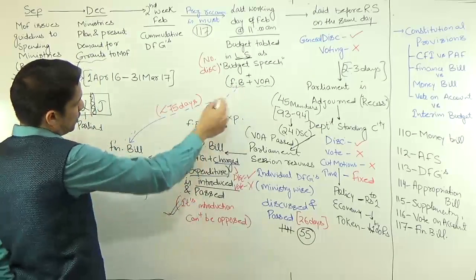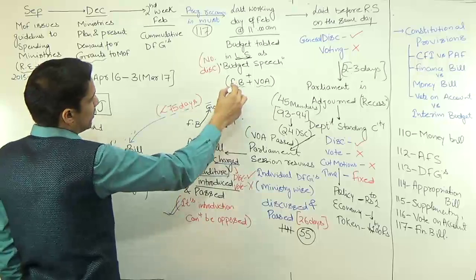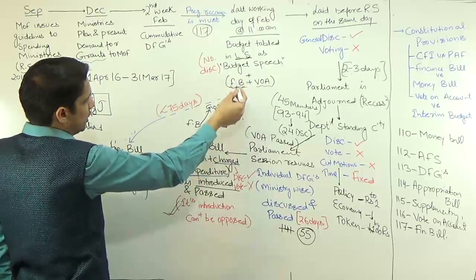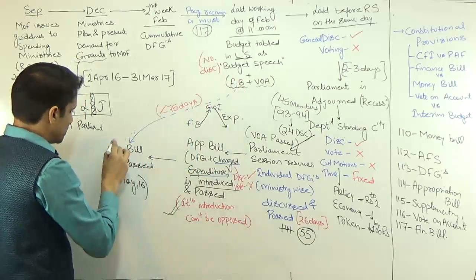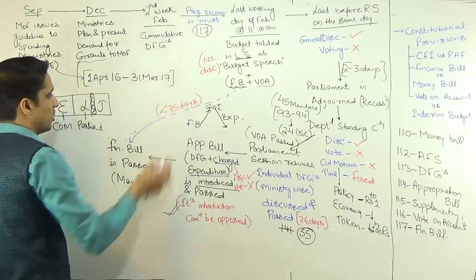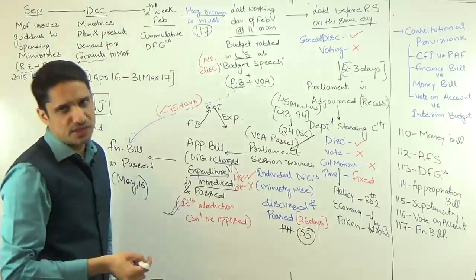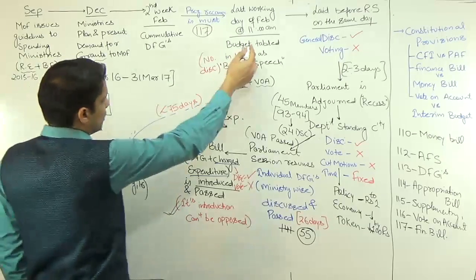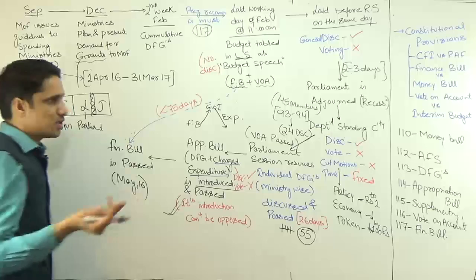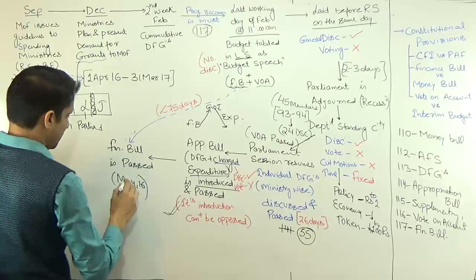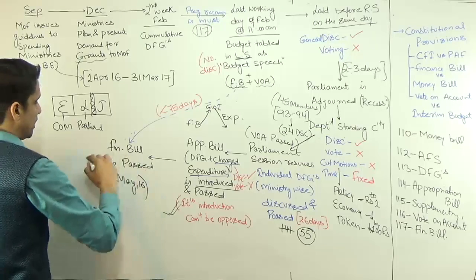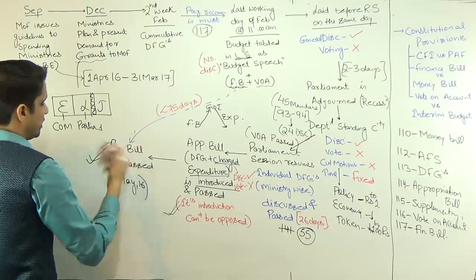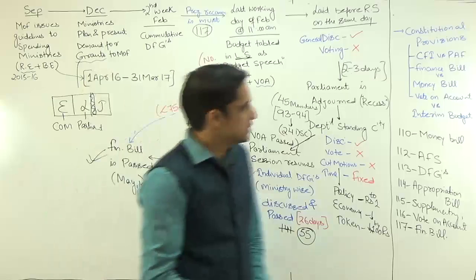There is one more condition: the time between the introduction of the finance bill and its final passage cannot be more than 75 days. Because it is tabled on the last day of February, by mid of May the budget is passed. Finally, once the finance bill is passed, we can say the budget is passed.